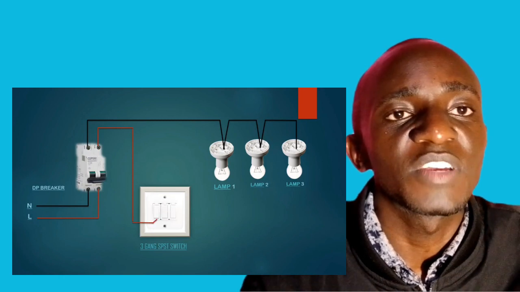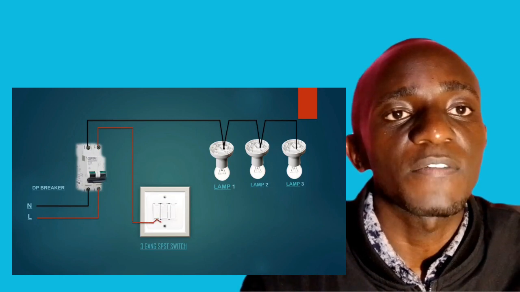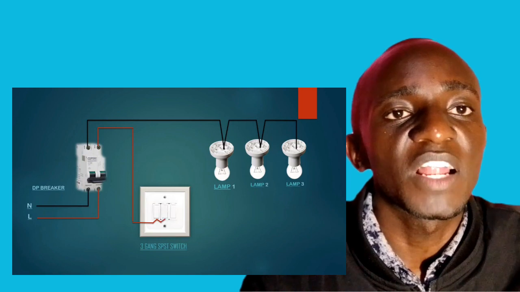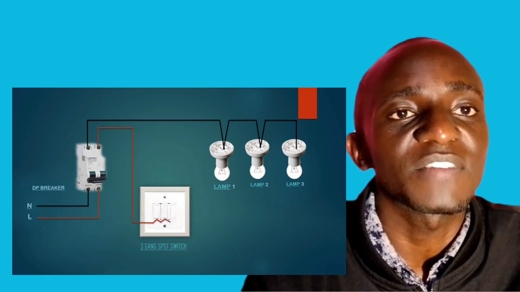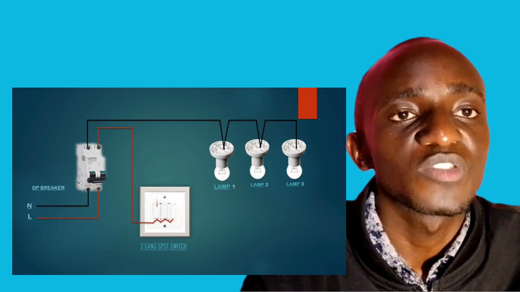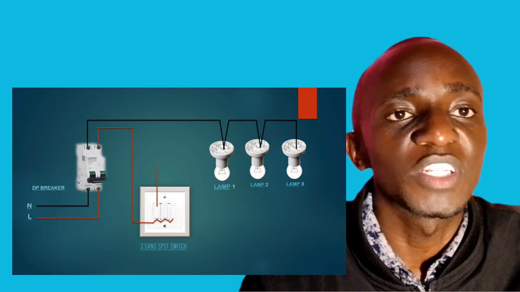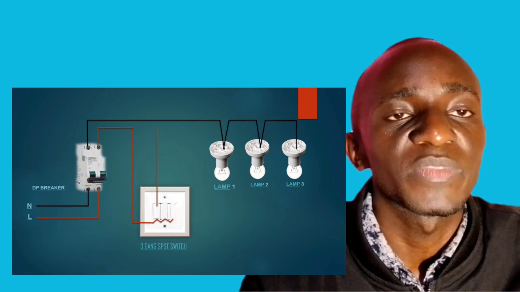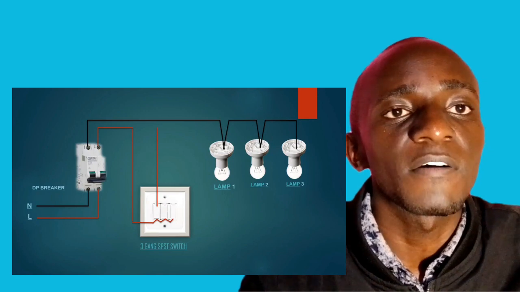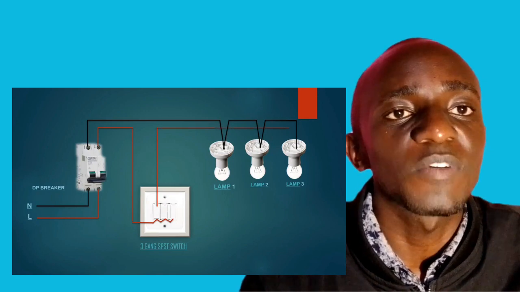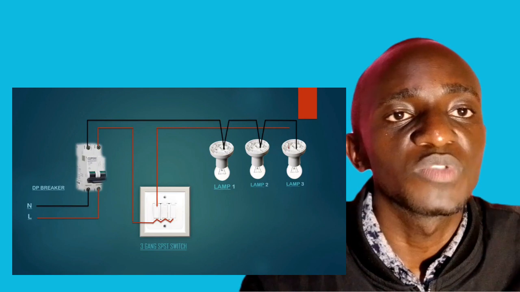So if we are to connect a 4-gang switch, then we have said that supply must run from the distribution board to the switch. So we'll have a supply running from the distribution board to the first common. So we don't need to have 4 supplies running from the distribution board to the switch.